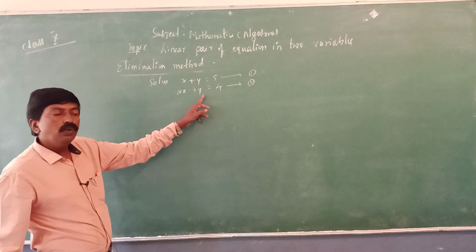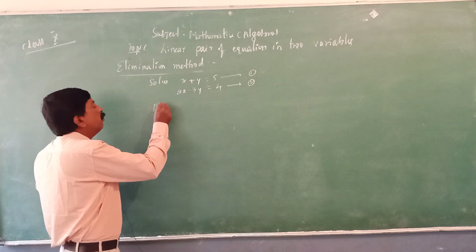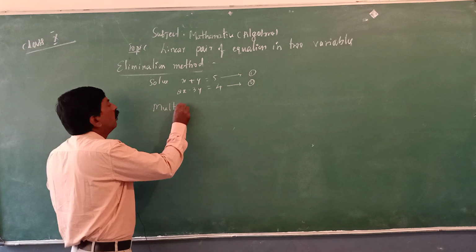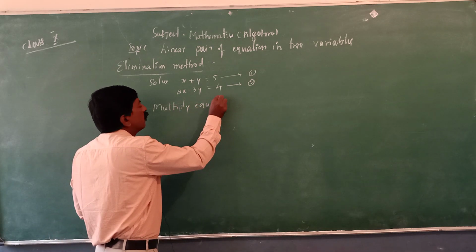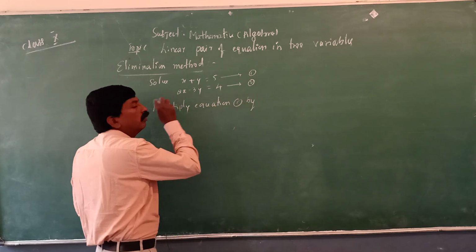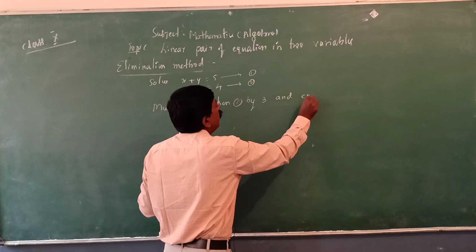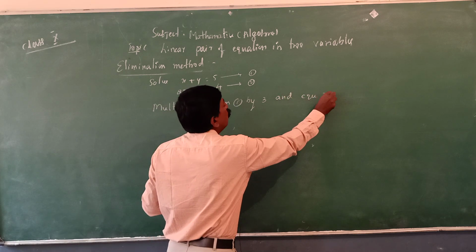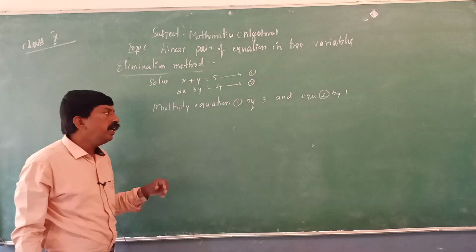What do we have to do? Here we want to get 3. That's why multiply equation 1 by 3 and equation 2 by 1, because 3 ones are 3.